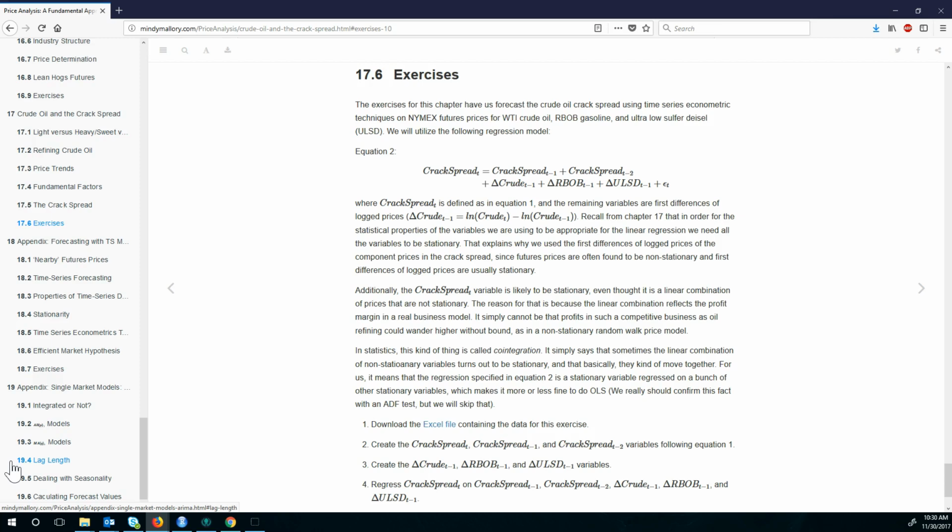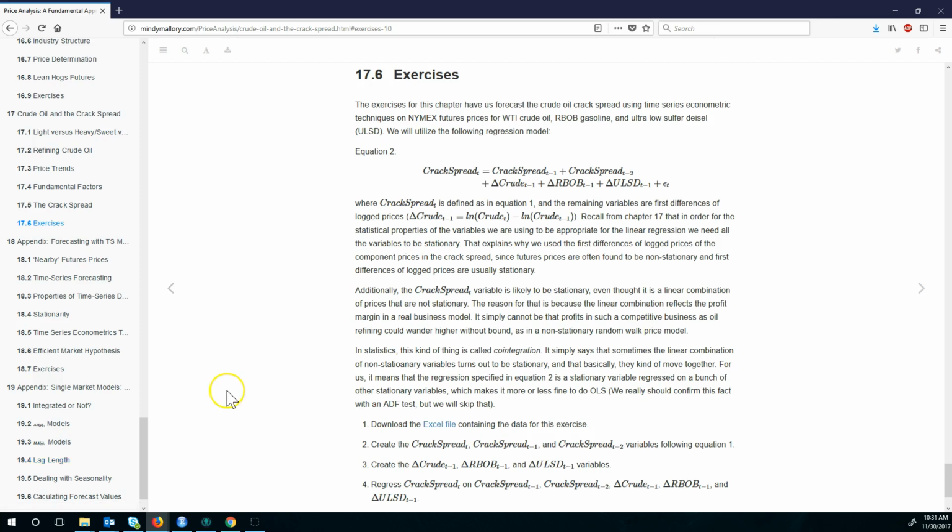We're going to try to take advantage of the fact that the crack spread, or the profitability in refining crude oil into gasoline and diesel, that process is usually stationary and hopefully maybe a little bit easier to predict than straight up trying to predict daily returns. So we'll see if we can do better or not, but we'll give it a shot.